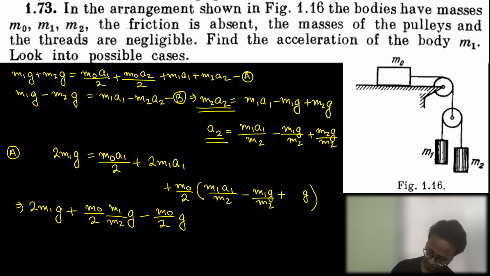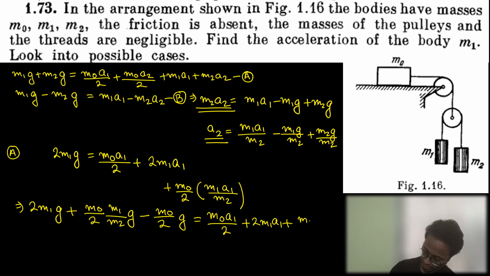So these variables and these variables are sent to the left hand side, who should be equal to the remaining variables: m0 a1 by 2 plus 2m1 a1 plus m0 m1 a1 by 2m2.